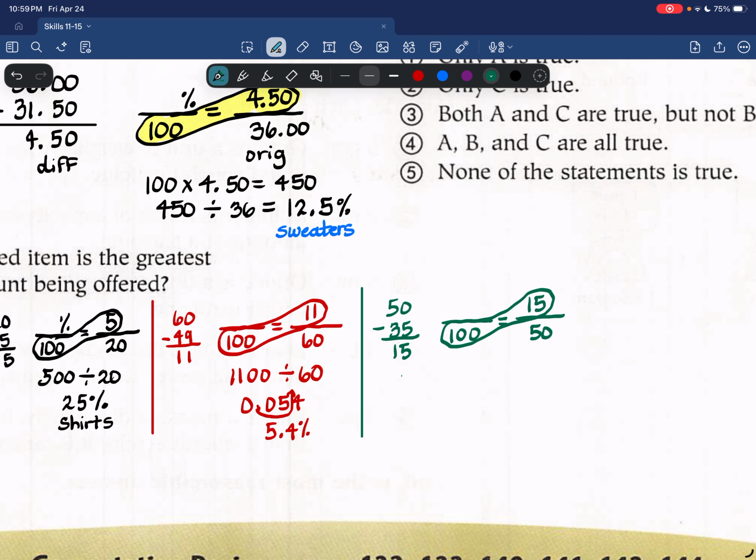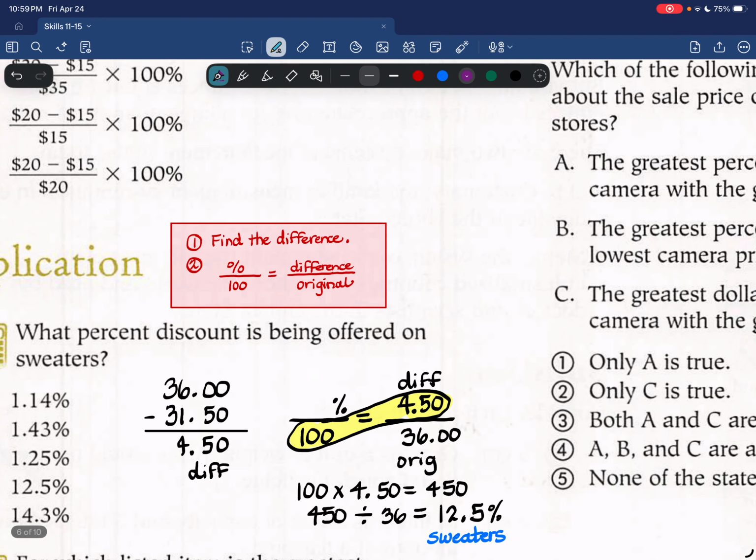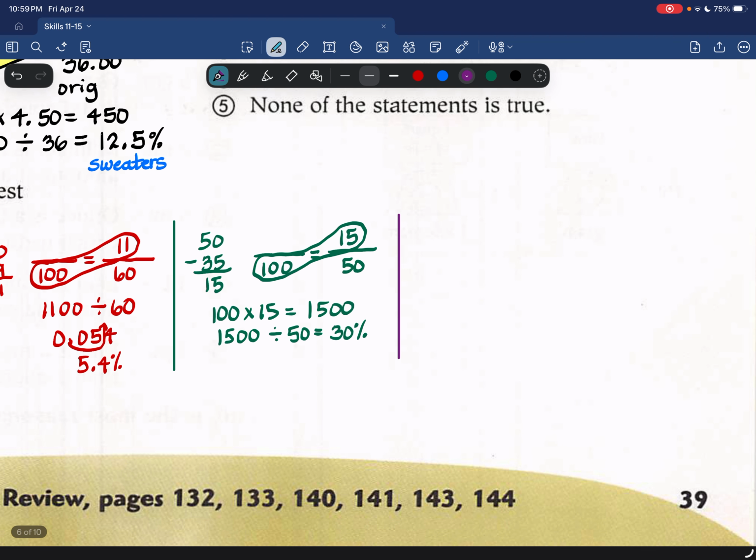So 100 times 15 is 1500, and 1500 divided by 50, I'm liking that one. That's a 30% savings. And then finally, we want to look at gloves. Difference of 24 to 12. You might be able to look at this one and tell what it is.